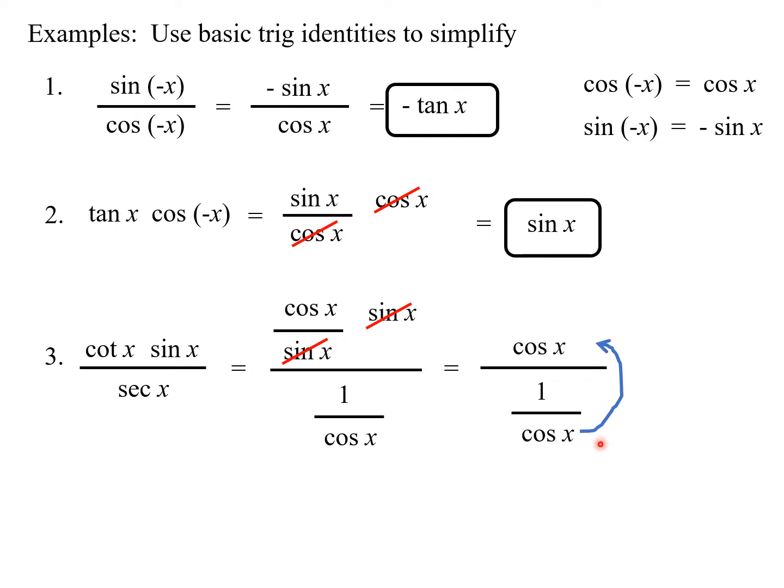You can prove that if you divide these fractions, because this bar really means divided by. So cosine of x over 1, if we want to write that as a fraction, divided by 1 over the cosine of x, because of multiplying by the reciprocal, this cosine of x is going to come back on top. And that's going to become, then, the cosine squared of x.